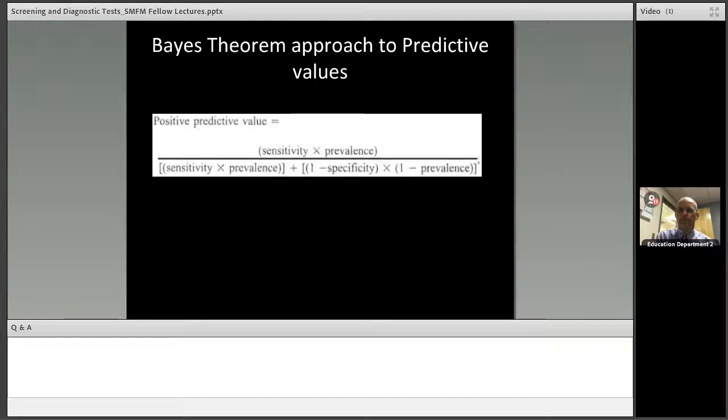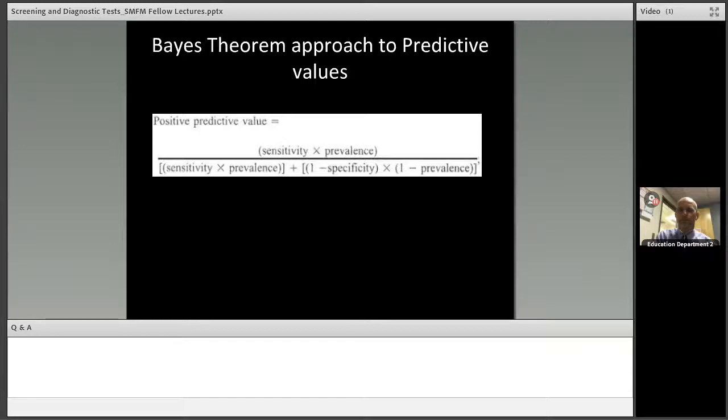There is another way of calculating these positive and negative predictive values. So sometimes you may not have the luxury of having a 2 by 2 table as we had in the last few examples. The approach that is sometimes used is called the Bayes theorem approach to calculating these predictive values.